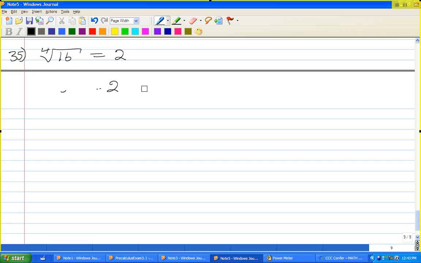So just recall that 16 to the 1/4, when we're doing rational exponents, is the same as the fourth root of 16. And so now let me write this in logarithmic form. This is the same as the log base 16 of the result 2 equals the exponent 1/4.